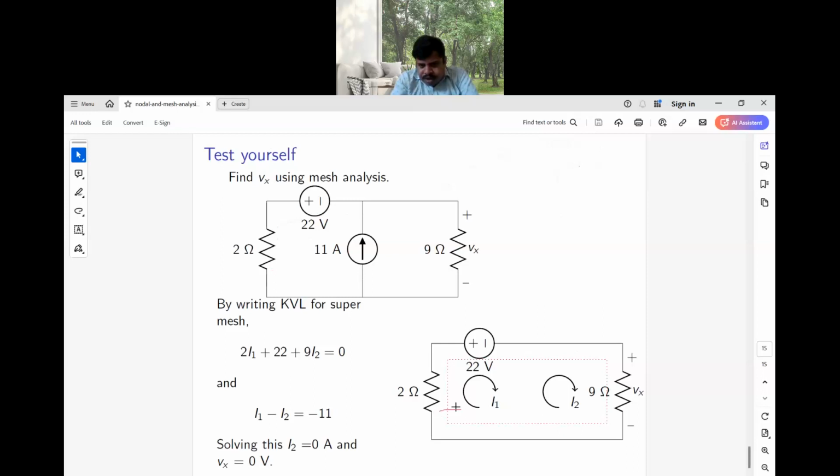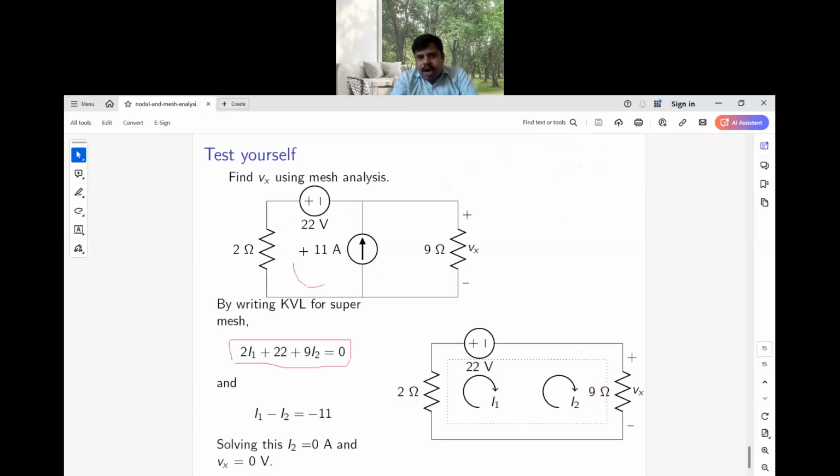Here, the voltage drop across the 2 ohm resistor will be developed like this: I1 into 2 plus 22, which is also in the same direction, plus here current I2 is flowing from up to down, so 9 I2. So you will get one equation like this.